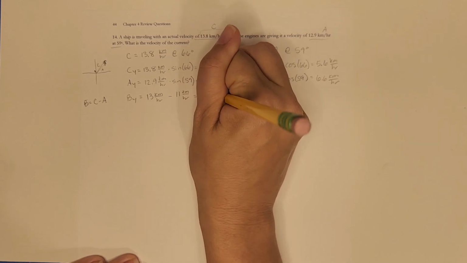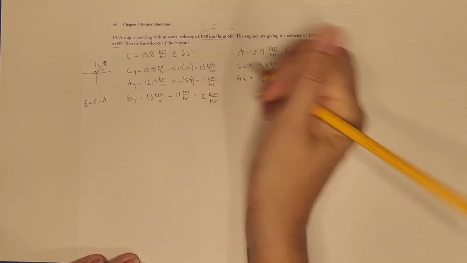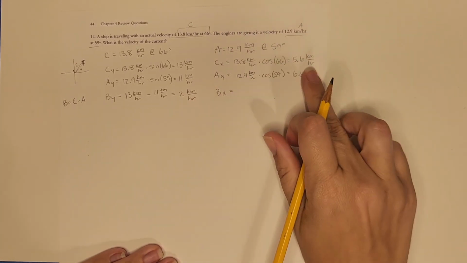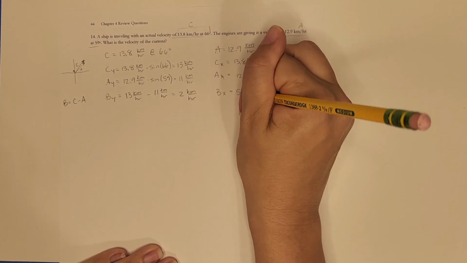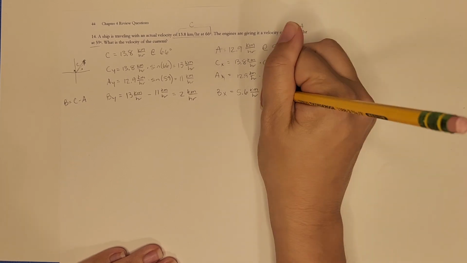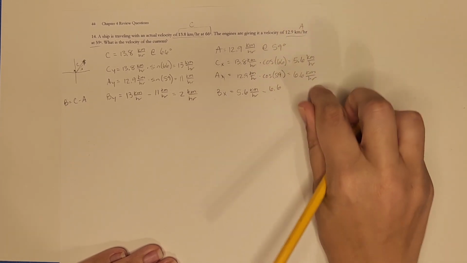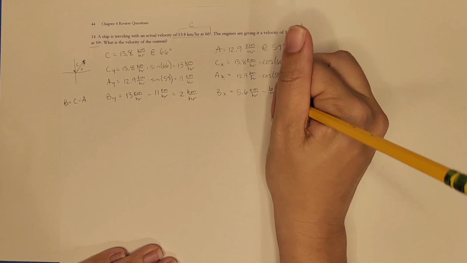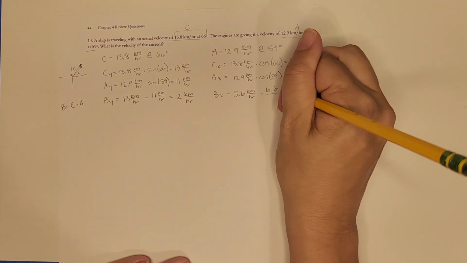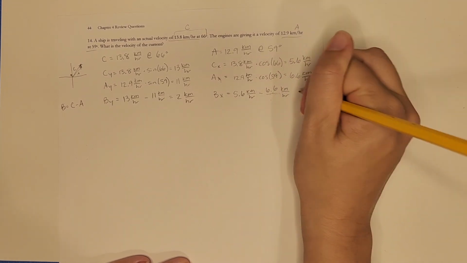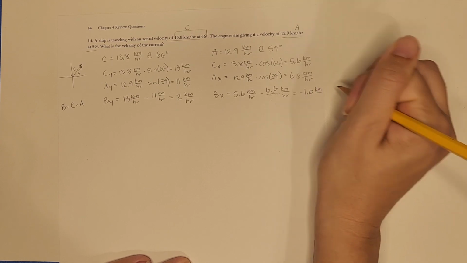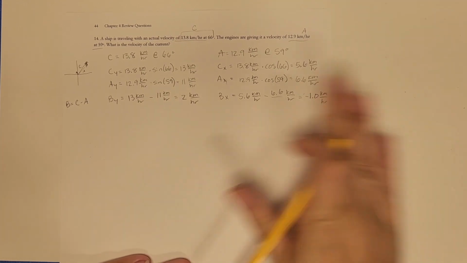And 2 kilometers per hour for our BY value. For our BX value, start with 5.6 kilometers per hour, and we're subtracting 6.6 kilometers per hour, to get negative 1.0 kilometers per hour. Okay.